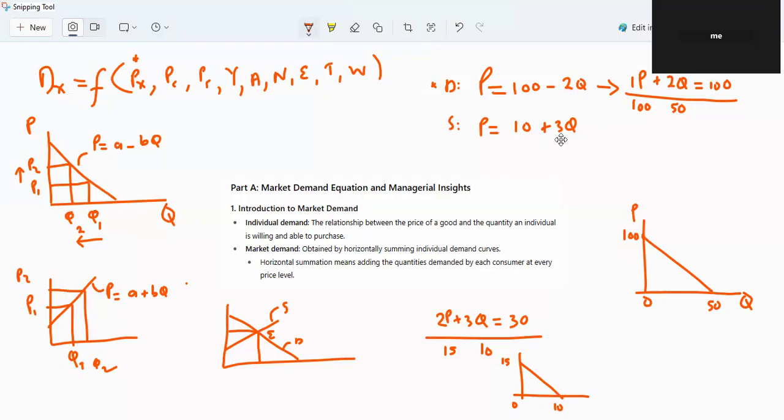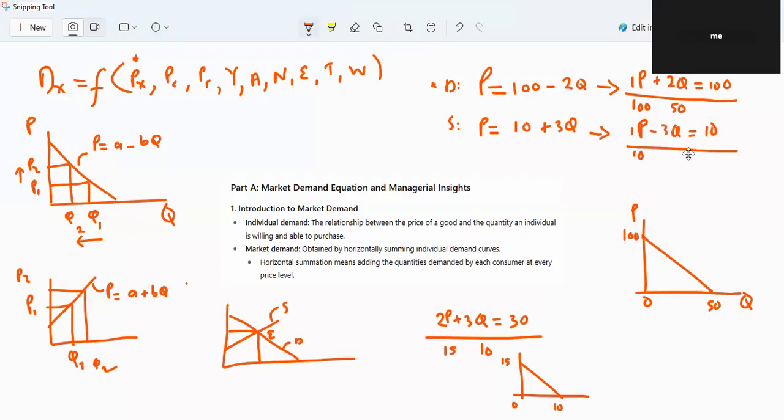Let's do the same for supply. So we're going to have P minus 3Q is equal to what? 10, right? What did we do? We just pushed this one across the side. So 1 into 10, we put a 10 there.